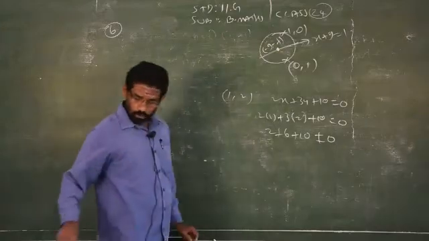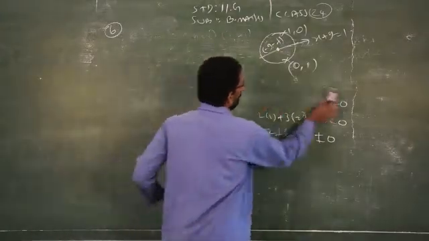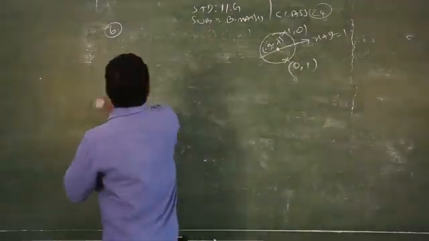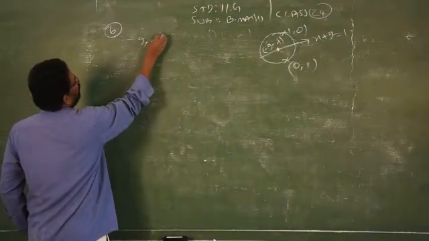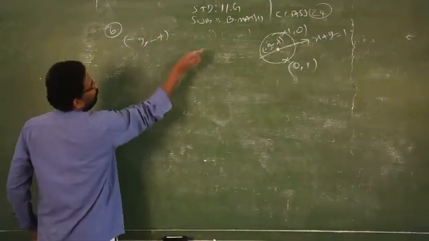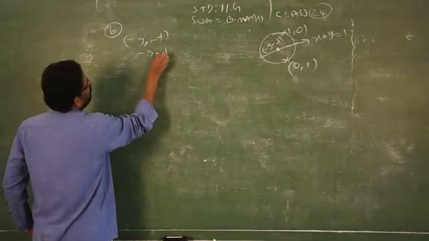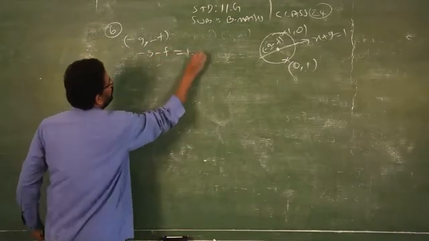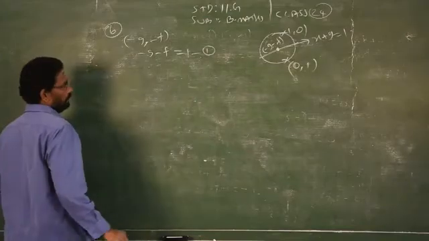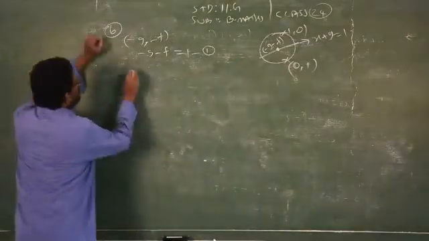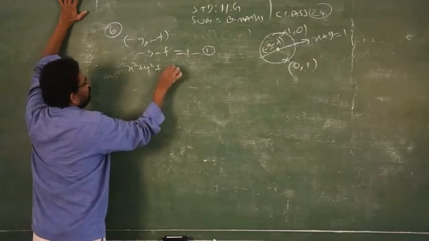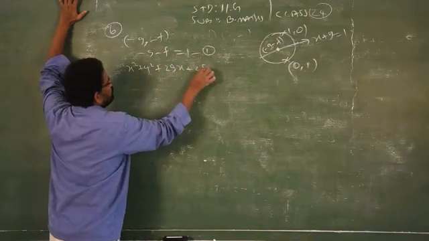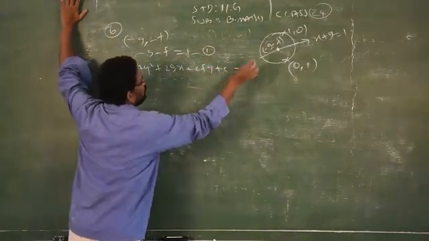So you have to replace minus g comma minus f in the straight line. Minus g minus f is equal to 1, equation number 1. Then you have to replace these 2 points in the general equation of the circle, x square plus y square plus 2gx plus 2fy plus c is equal to 0.